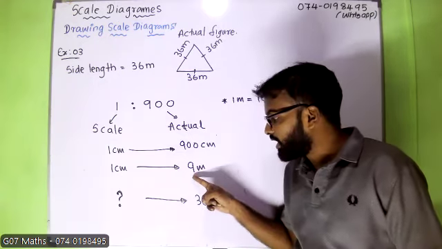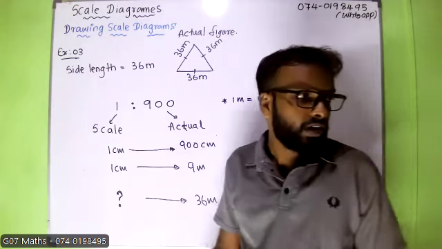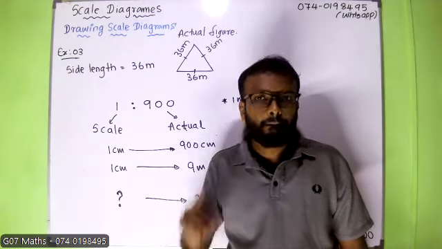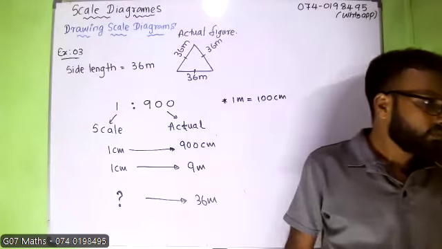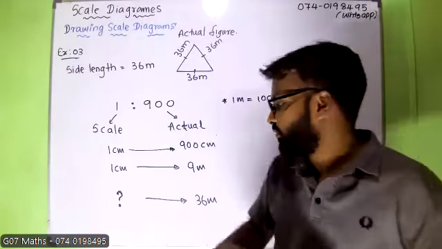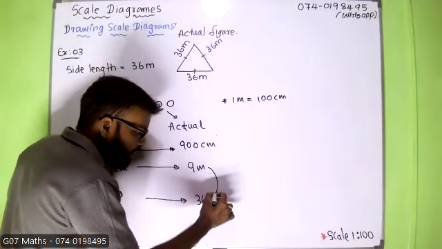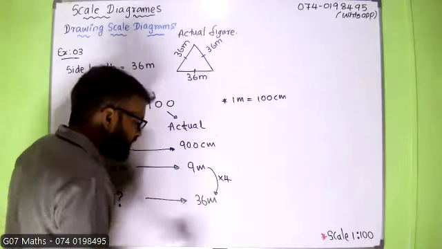Very easy. Multiply. Multiplying by which number? 4. Yes, excellent. 9 meters, you are going to multiply by 4, then you get 36 meters.